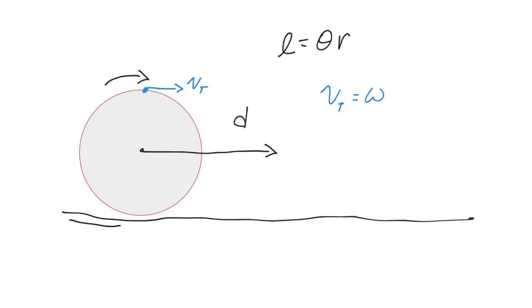Now, that linear speed is also going to be the speed of the hub of the wheel. So this thing has a velocity vector going that way, and it's equal to distance divided by time.